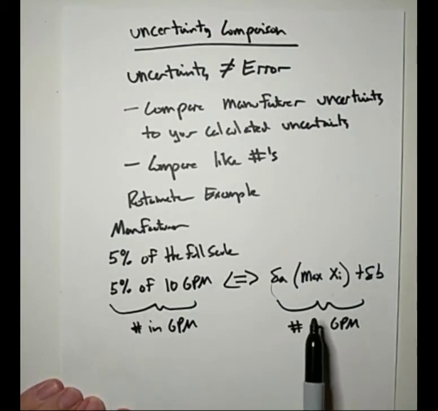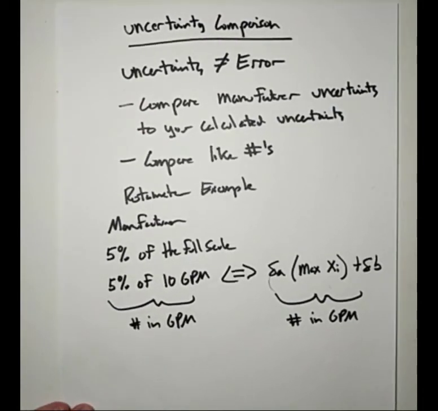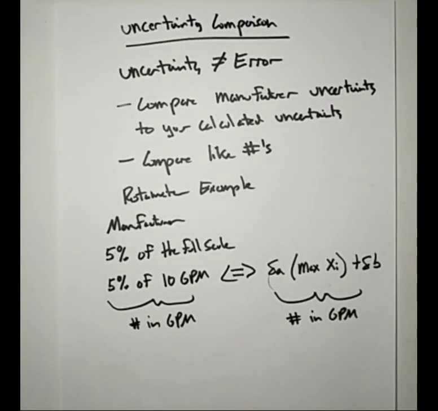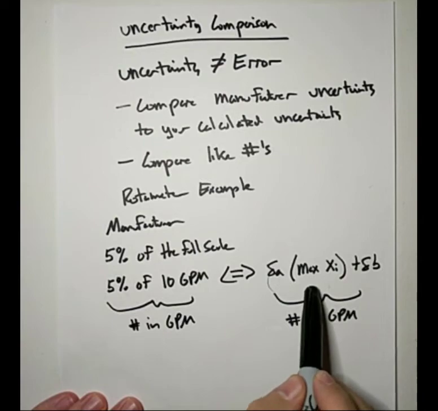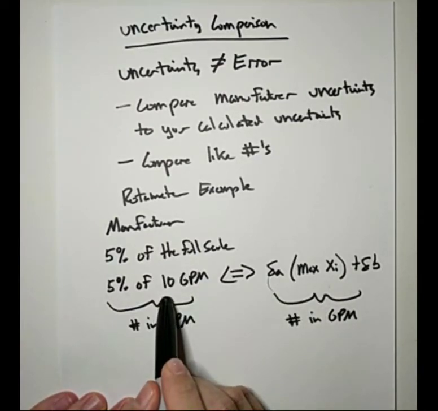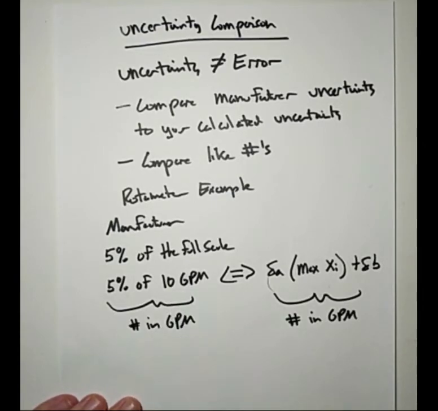So this is what we're looking for when we talk about comparing uncertainties. What we want is your calculated uncertainty to be less than what the manufacturer claimed, because we didn't use the full scale for any of these, so we should be under that.